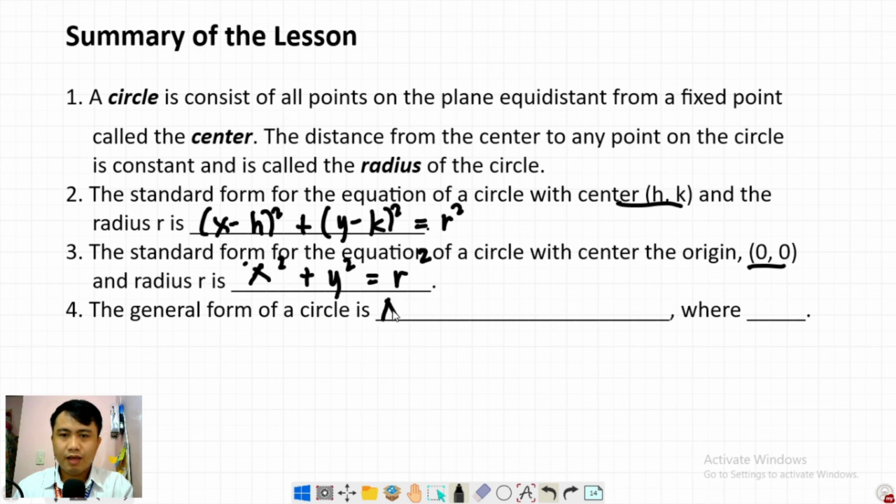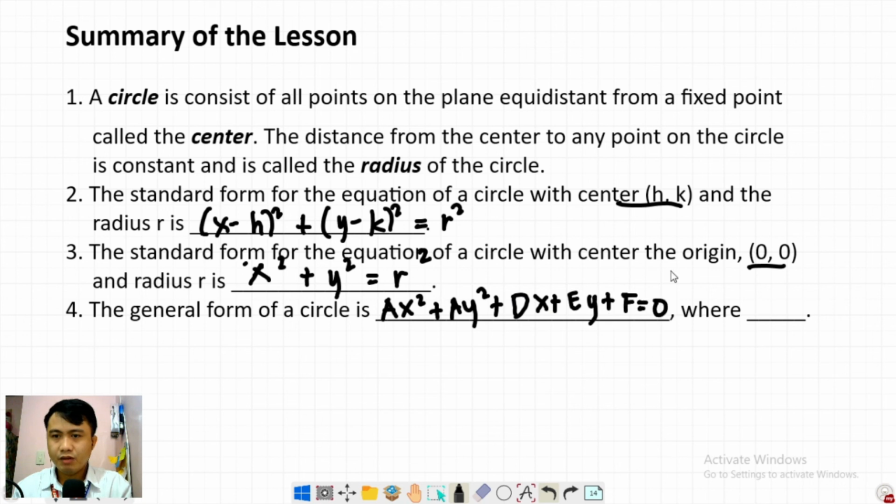We have Ax² + Ay² + Dx + Ey + F = 0, where of course class A must not be equal to 0. Yan. Okay? So, yan po.